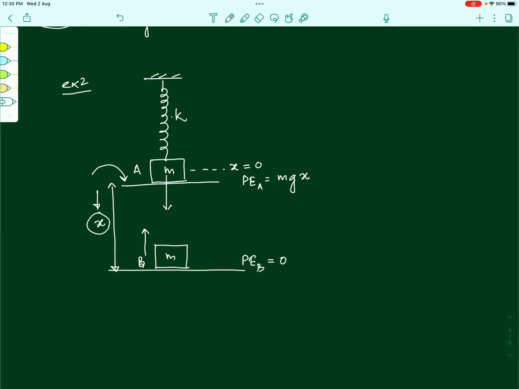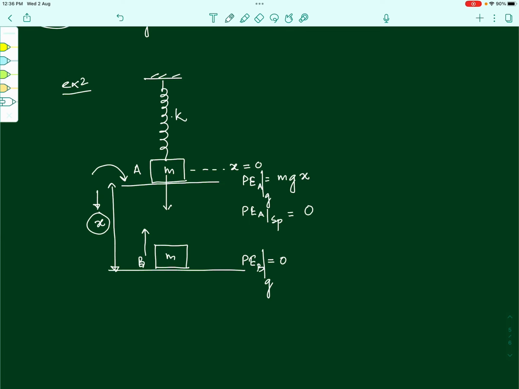Can we say that we can also write the expressions for spring potential energy at A and B? This is the gravitational potential energy, so I will denote it with the letter G, whereas the spring potential energy at A, PE at A due to the spring, can we say this will be 0?